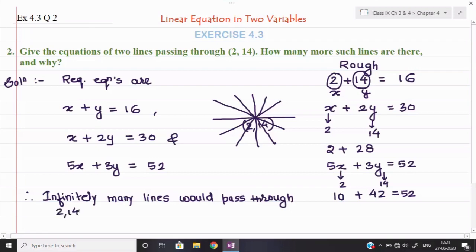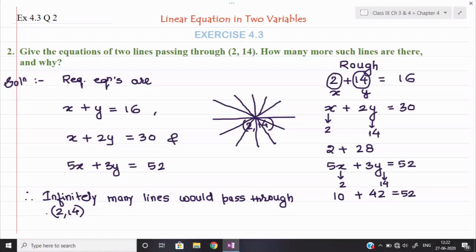This way we can conclude our answer. Remember, this question can come in the form of an MCQ also next time. They will ask you from one point or one coordinate how many lines could be possible. So here we can say that infinitely many lines could be drawn.